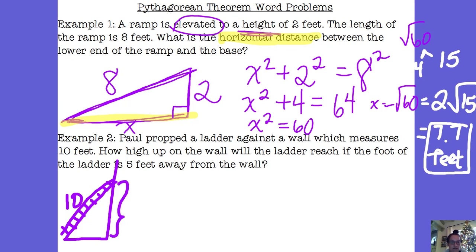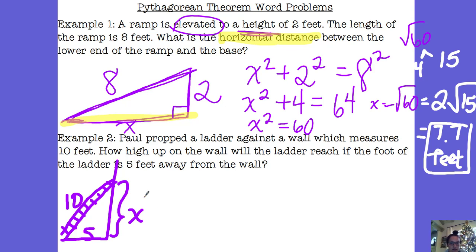So we're looking for this distance, like how high up on the wall will the ladder reach if the foot of the ladder is 5 feet away from the wall. So the foot of the ladder is the bottom of the ladder, and it's 5 feet away from the wall. So we're looking for this vertical distance right here.